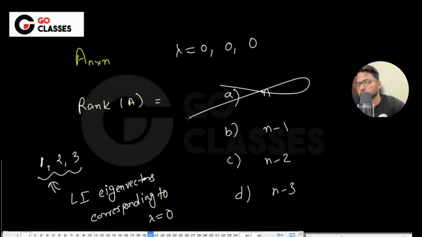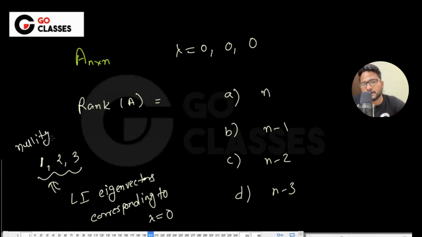Which means n is not a possibility, because nullity could be 1, so it could be the answer. So B, C, D could be the answer. So either the answer is B or C or D.